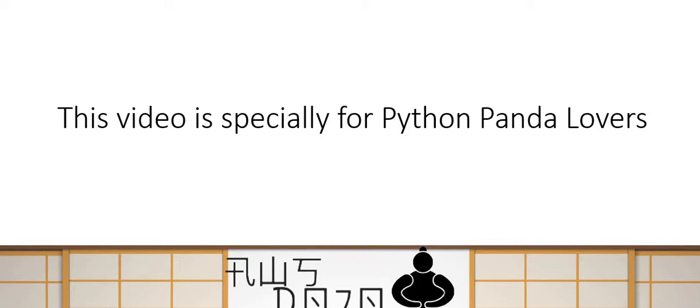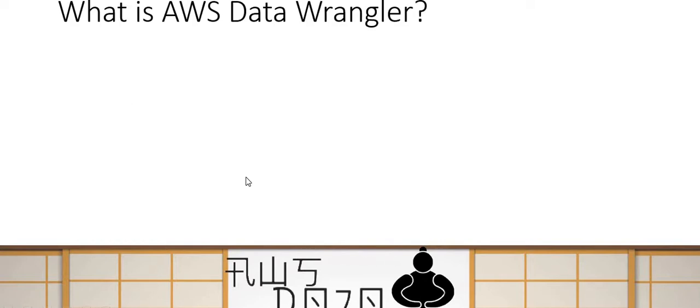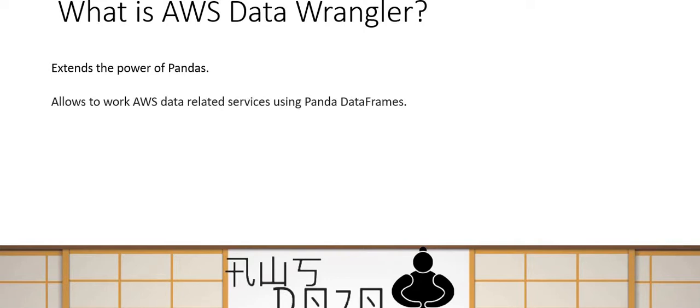So let's understand what exactly is AWS Data Wrangler. It extends the power of the Pandas library, and the way it extends the functionality of the Pandas library is that you can use Pandas DataFrames with AWS data related services. In a very simple example, suppose you want to read data from an S3 bucket or Athena or Redshift or a Timestream database, and you want to populate that into a Pandas DataFrame, then you can use Data Wrangler.